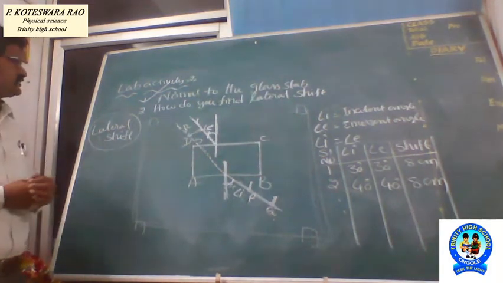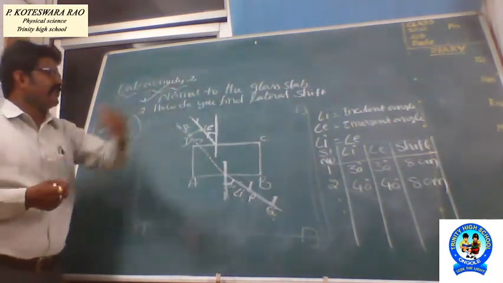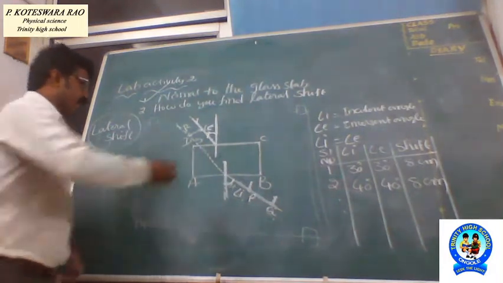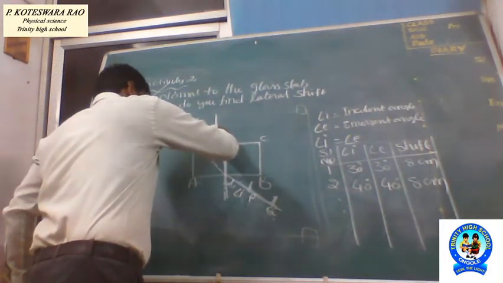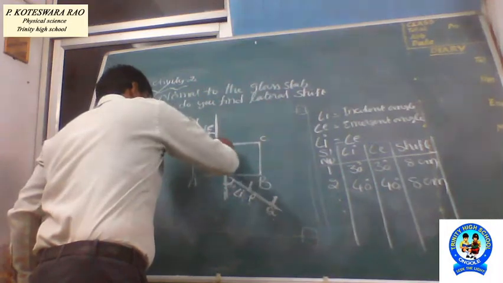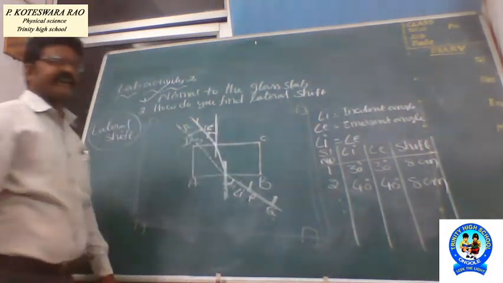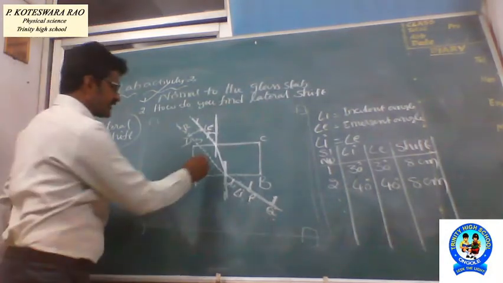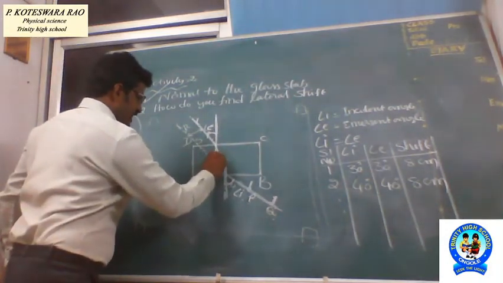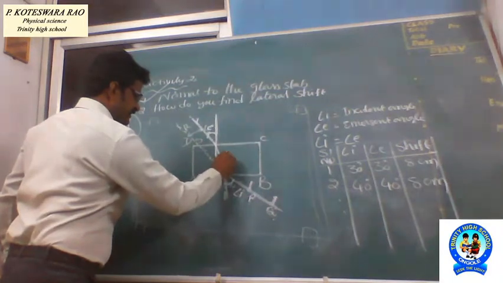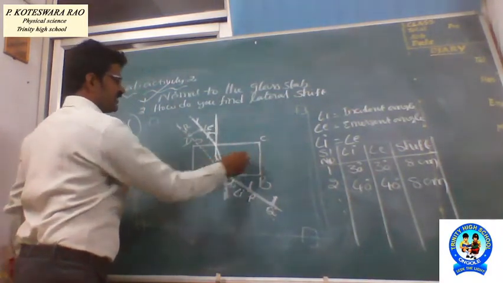So my dear students, how do you find the lateral shift? Here, if you draw a line, this one is called the refracted ray. This angle is R. Here both angles are also the same.